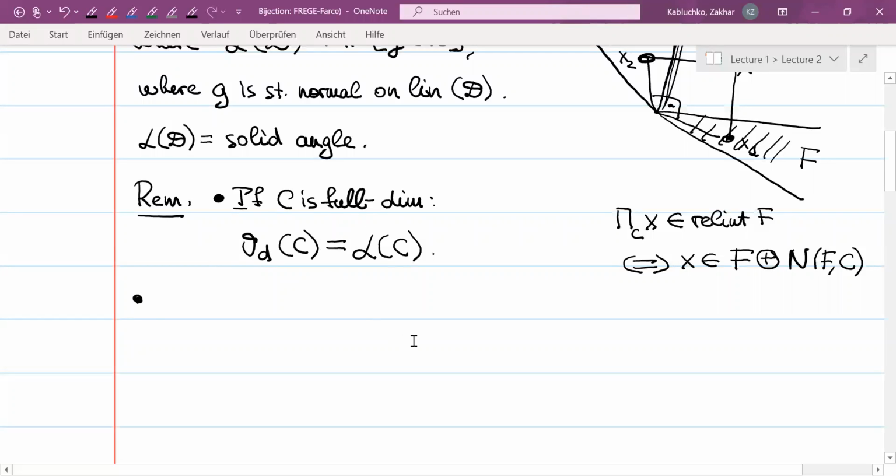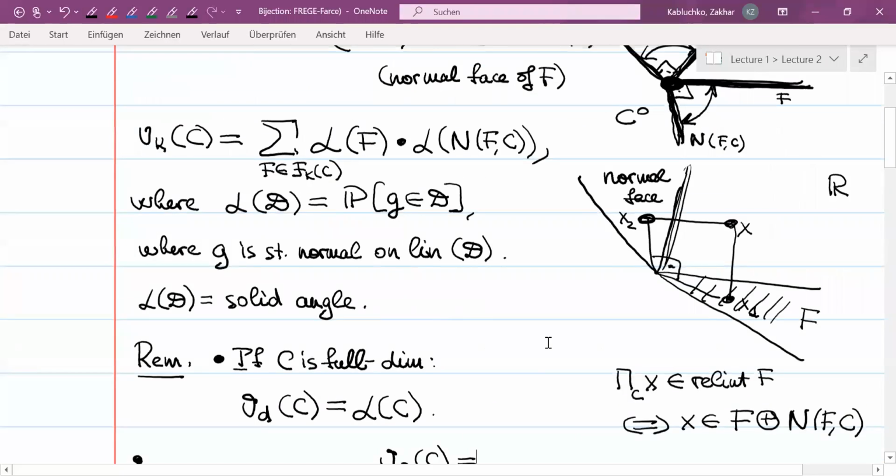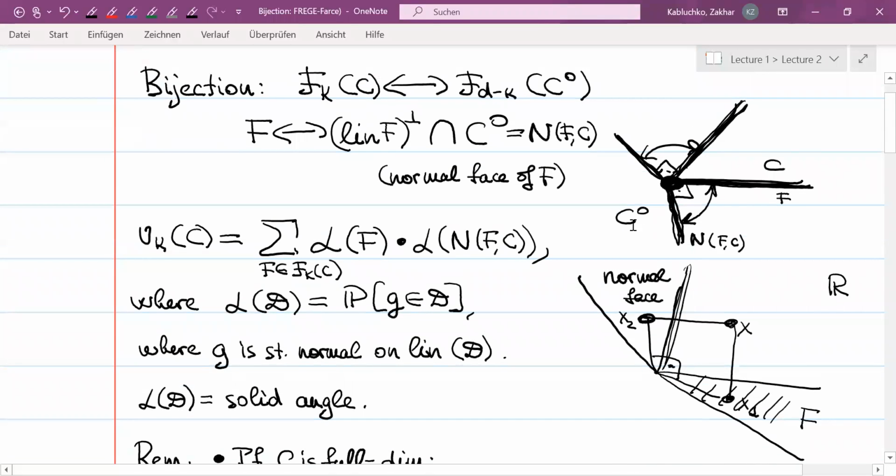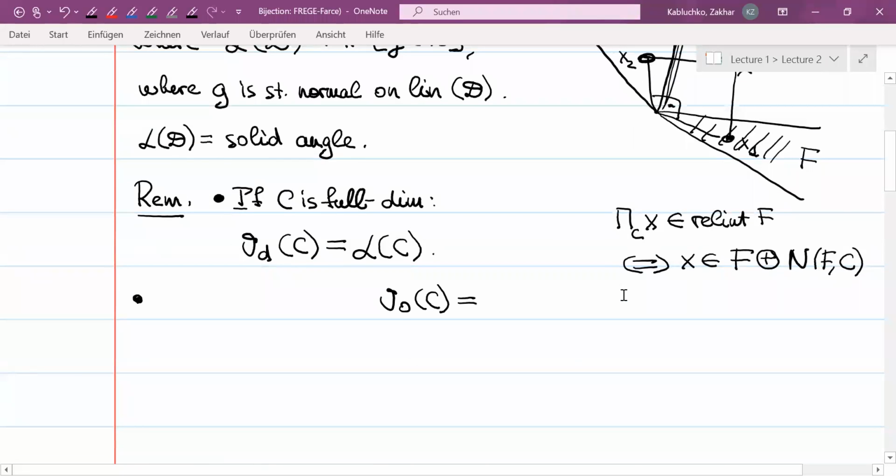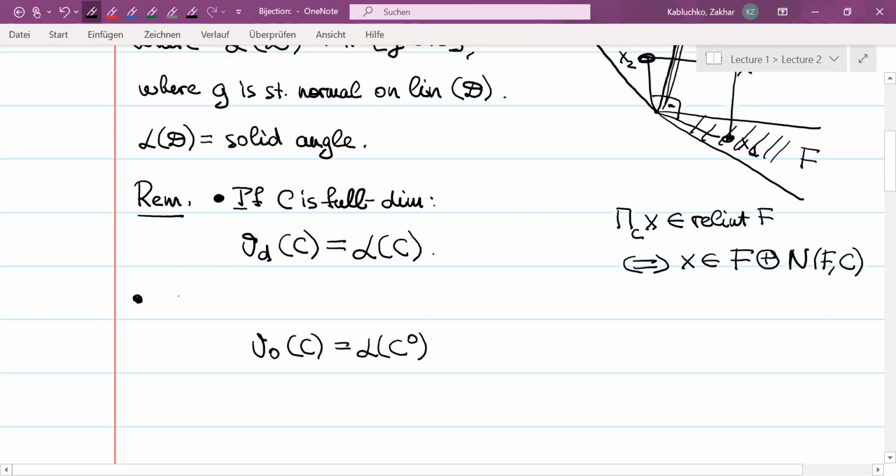And what is the zeroth intrinsic volume? So the zeroth intrinsic volume of C is what? So on this picture, it is the probability that something is projected to zero. So it is the angle of the dual cone, right? It is the solid angle of the dual cone, but under what condition?